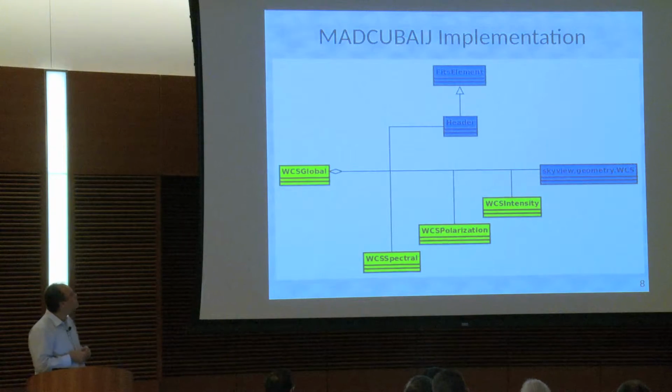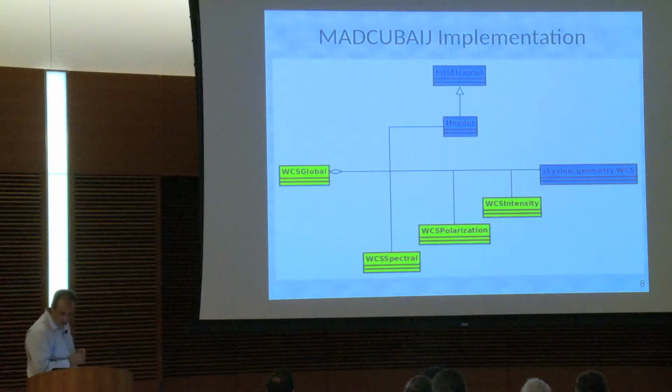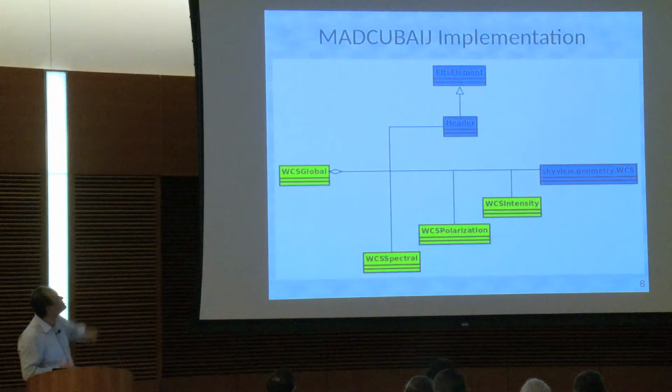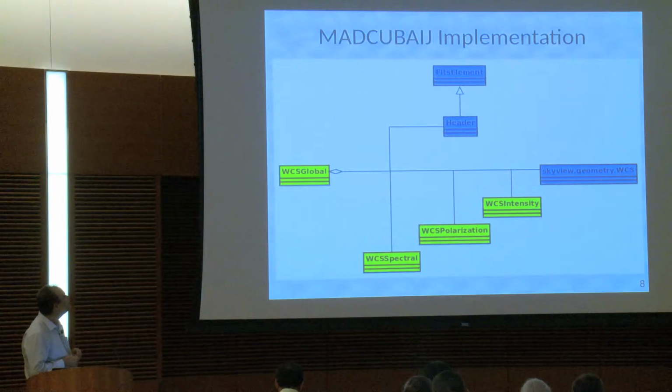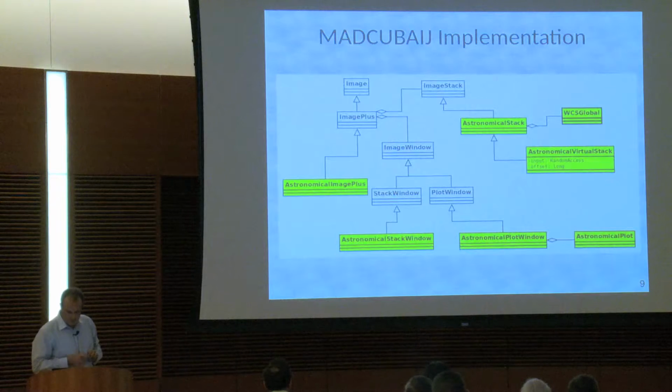These are classes that we developed, and these are classes that we take from third parties. So what we do is take this information from the FITS files and create our special astronomical classes, work with them and connect them to the data in the image.